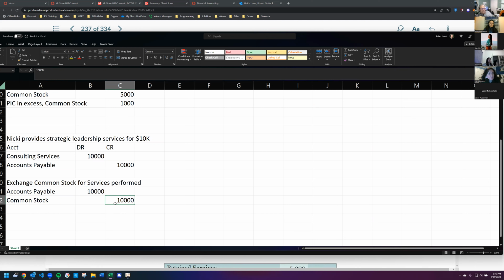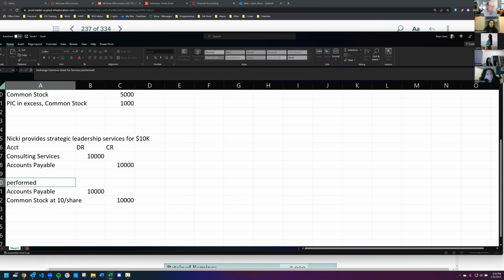It gets transferred in. Now, of course, you could have common stock at, let's say, a $10 a share par value, and we exchanged, let's say, 100 shares of common stock for services performed.